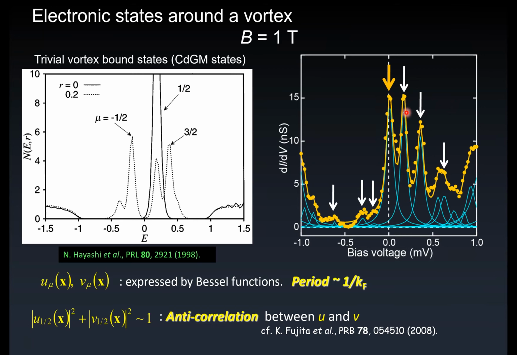Actually no. The reason comes from the very small energy separation between these bound states in the usual superconductors. So it cannot be distinguished even by using the ultra low temperature STM.